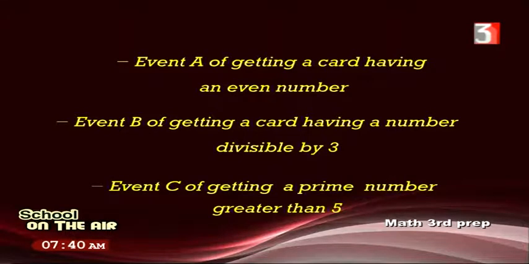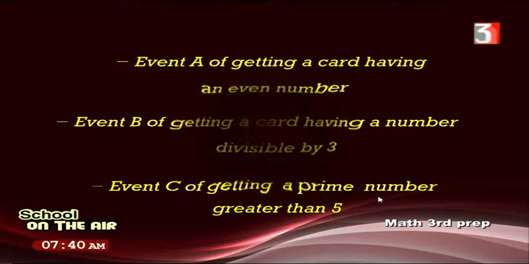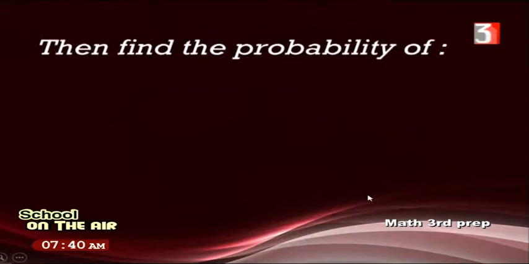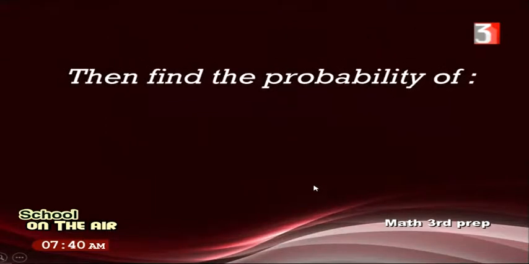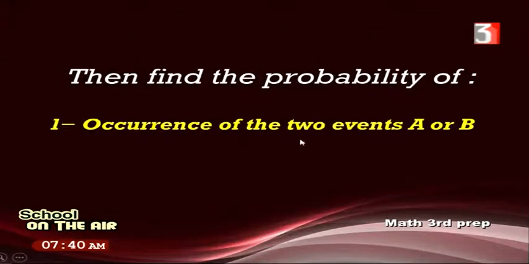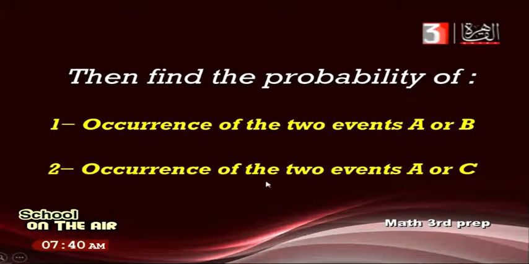Event C of getting a prime number greater than 5. Then find the probability of occurrence of the two events A or B, and the occurrence of the two events A or C.